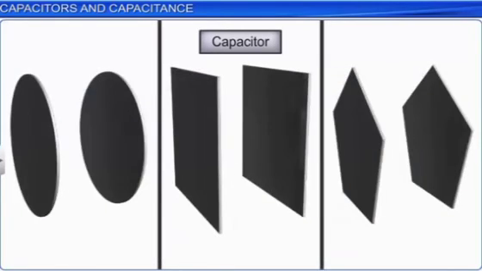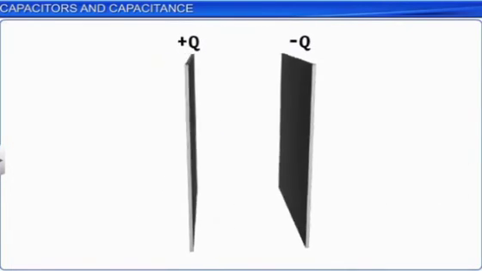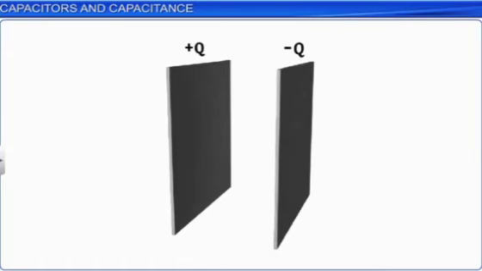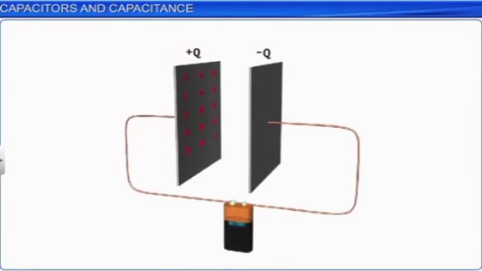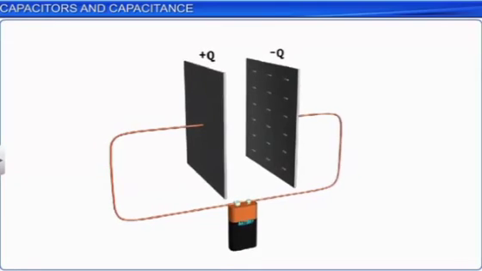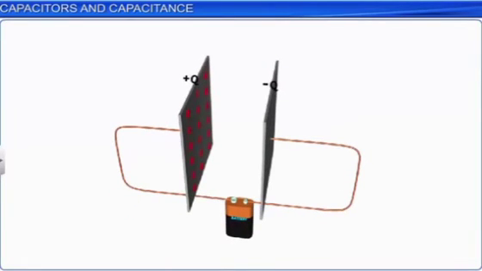The conductors can be of any arbitrary shape. Generally, the conductors are given equal and opposite charge of magnitude Q. This can be done by connecting them to the two terminals of a battery. The conductors carrying the charge are referred to as the plates.